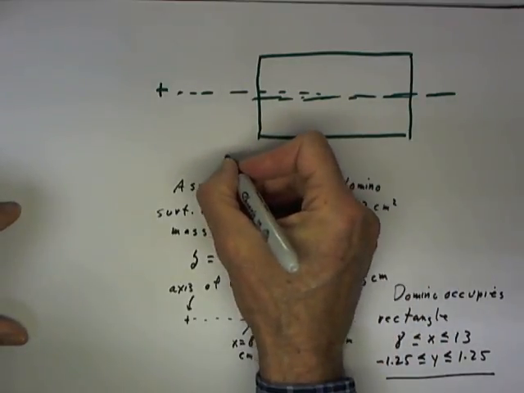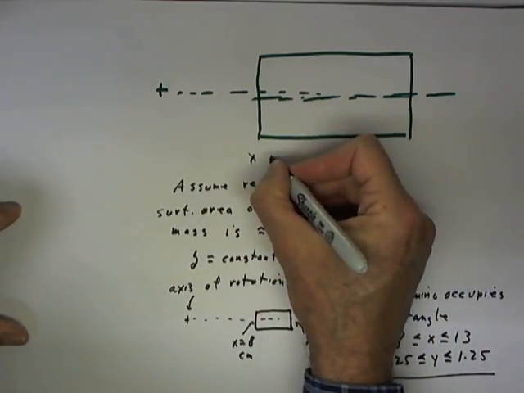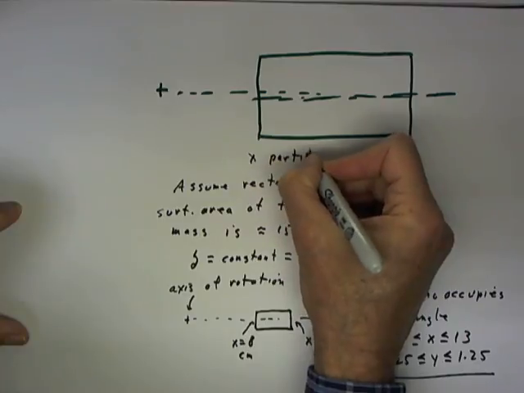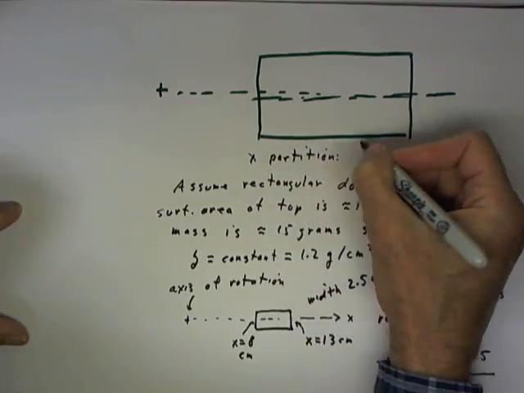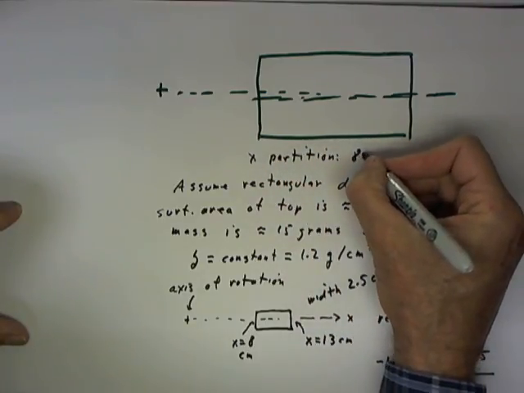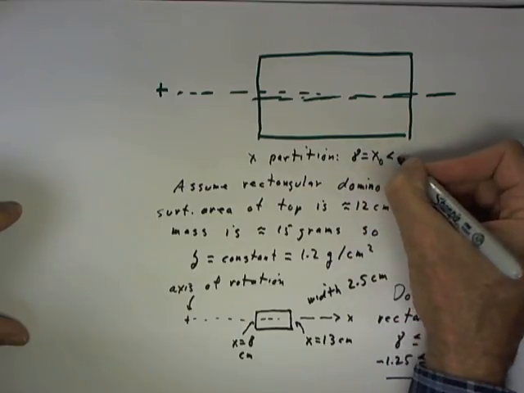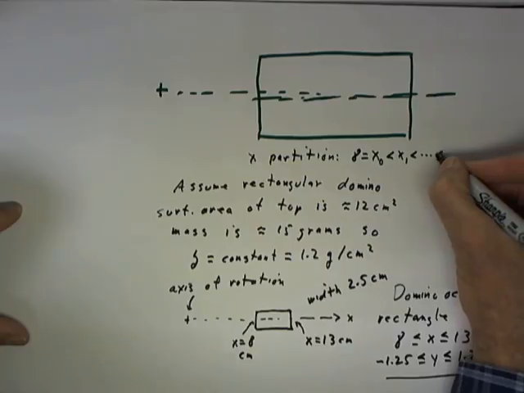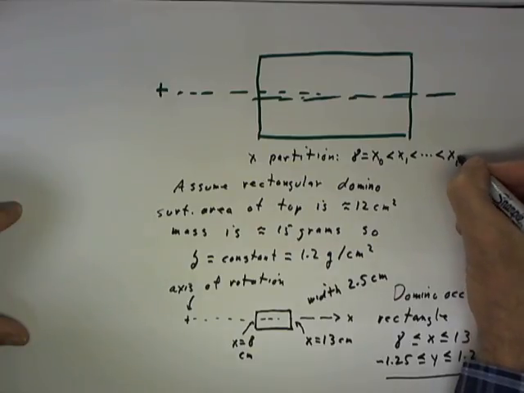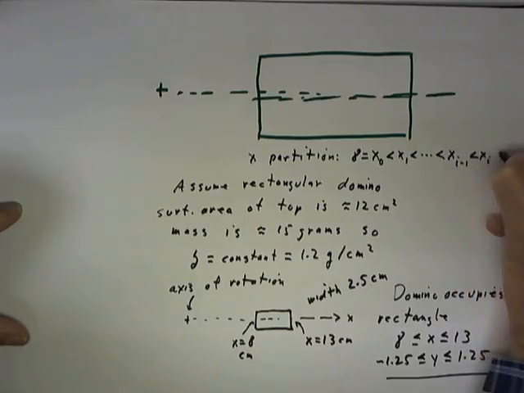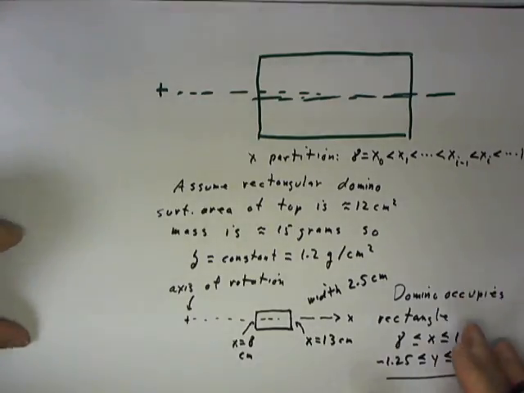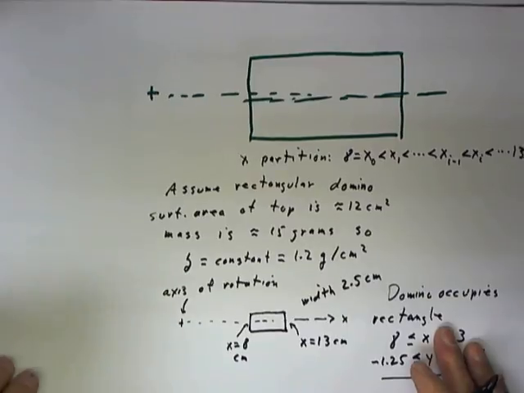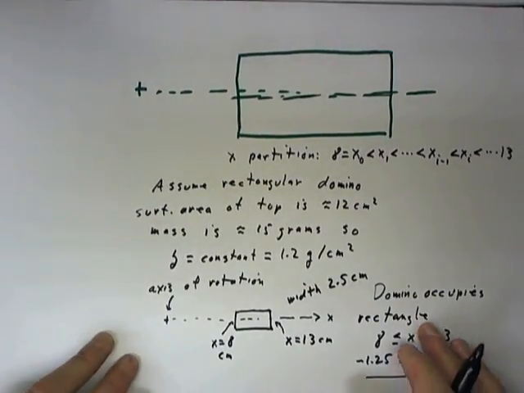So our x partition is 8 equals x naught less than x1 less than etc. less than x i minus 1 less than x i less than etc. up to 13, with our numbers representing our positions in centimeters.